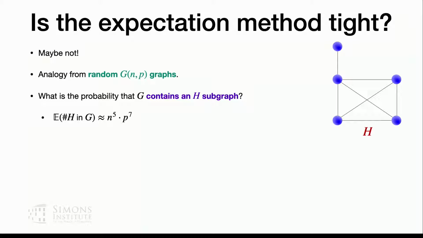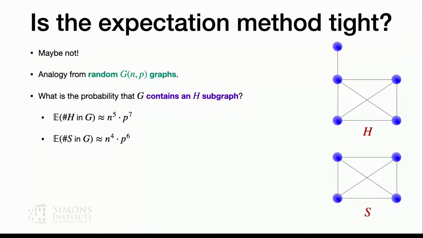The number of ways to put these 5 vertices inside the vertices of G is roughly n to the 5. And for each 5 vertices in G that were chosen, there are 7 edges that need to occur. So the probability, given such a possible embedding of H into G, that this embedding will actually give you a copy of H is p to the 7. This gives you the expected number of H's in G.